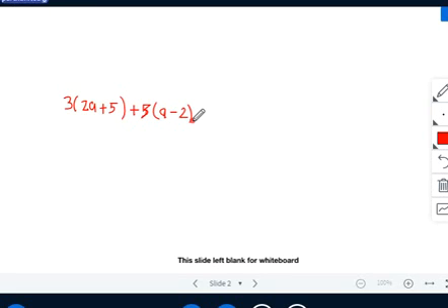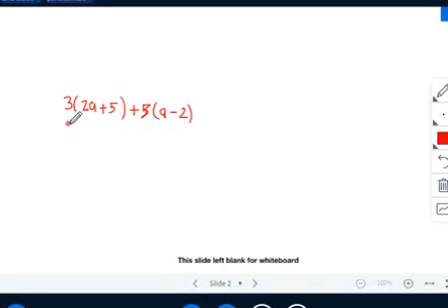Then it will be 6a plus 5a plus 15 minus 10. Then it will be a plus 5. A plus 5 is your final answer.